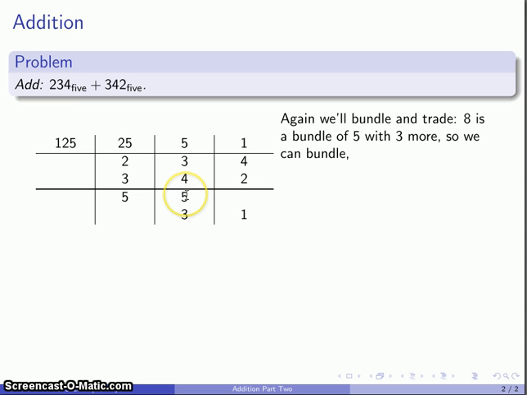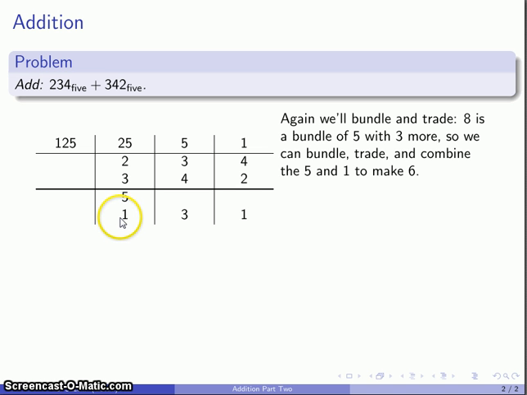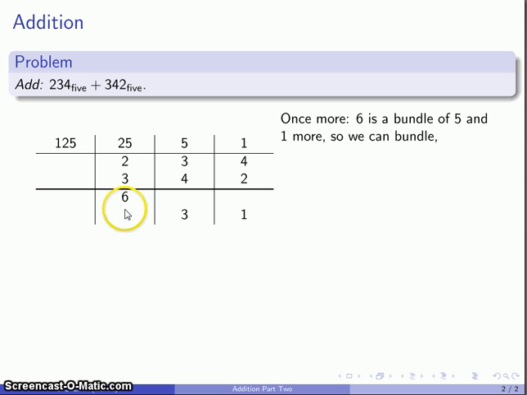So I'll break that apart into a bundle of 5 and a bundle of 3, and I'm going to trade this 5 for 1 more in the next place over, and then I'll combine the 5 and 1 here to make a 6. And again, one last step, this 6 here is a bundle of 5 and 1, so I can bundle 5, 1 left over, and then trade this 5 for 1 more in the next place over.